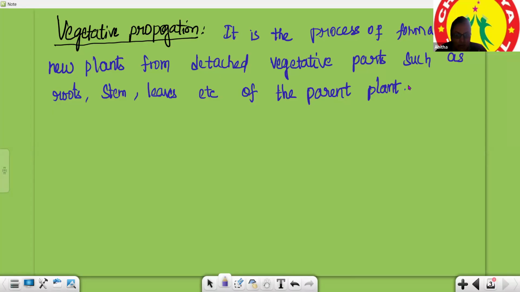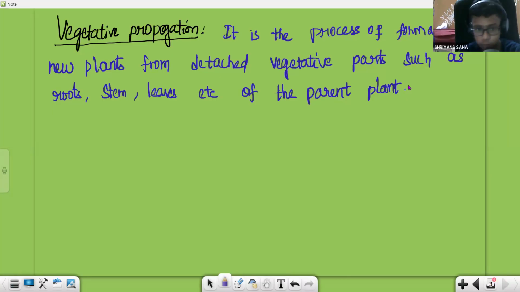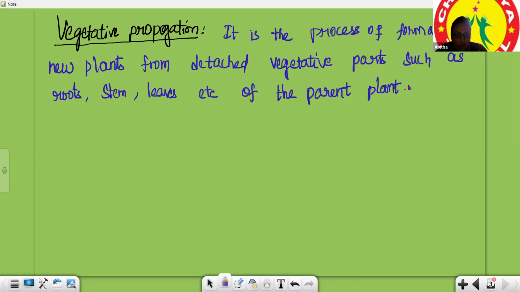It will be similar, ma'am, I think it'll be the same. Yeah, if you sow a red rose stem, you will get again a new red rose plant, right? So you will get exactly the same copy of the parent.